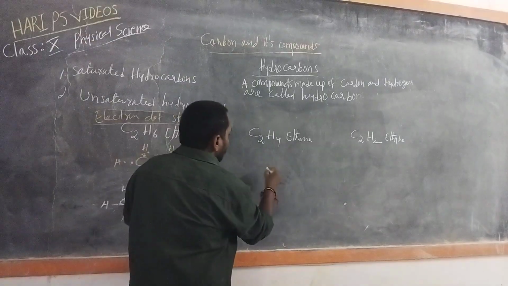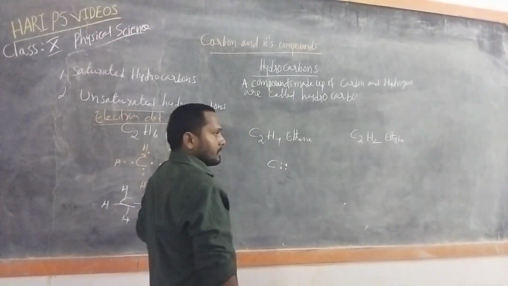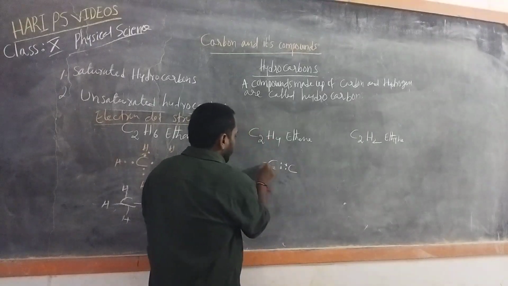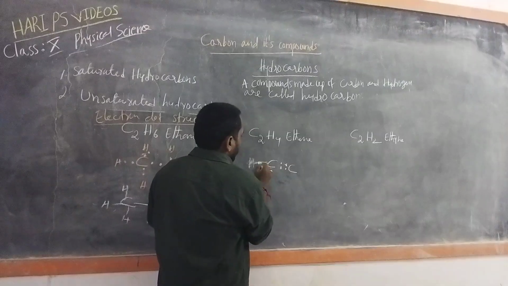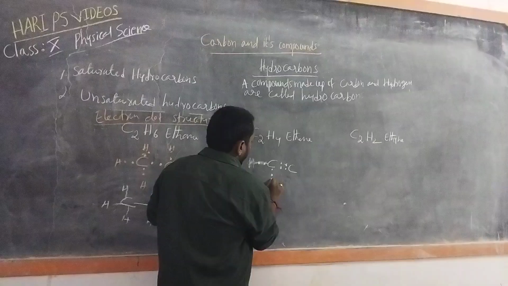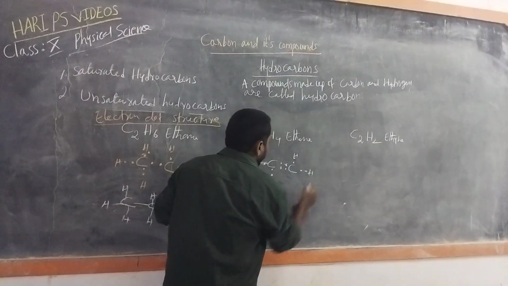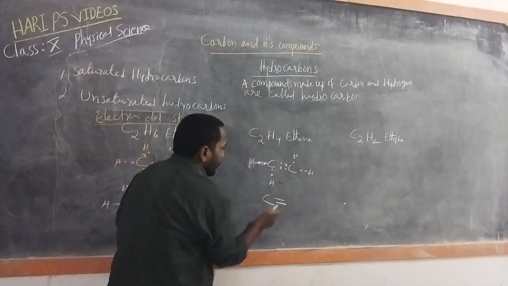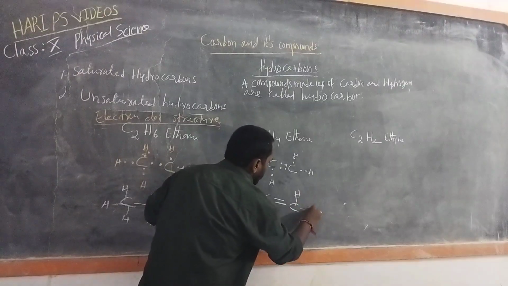Then coming to ethene, between carbon and carbon, two pairs of electrons are shared between the two carbon atoms. You can write these two as one bond, these two as one bond, a double bond, with hydrogen, hydrogen, then hydrogen, hydrogen.